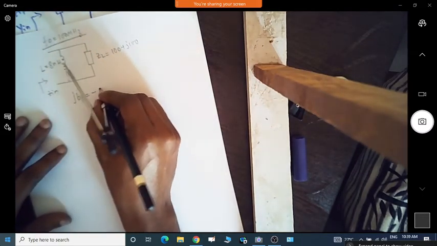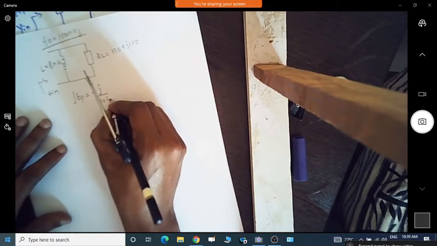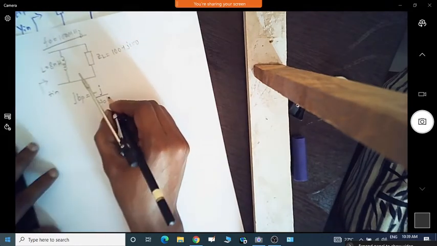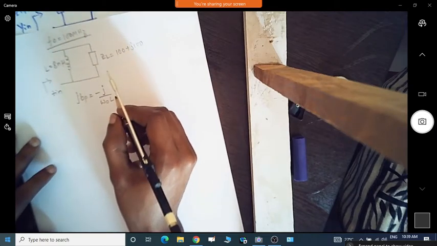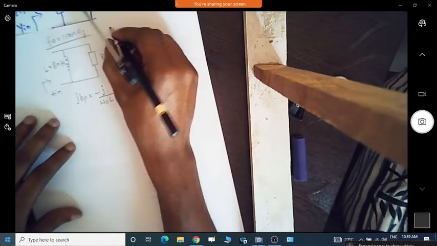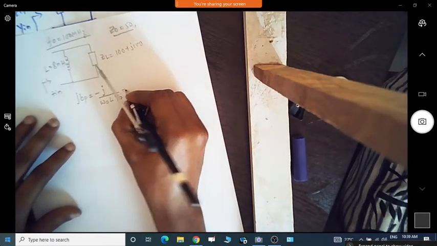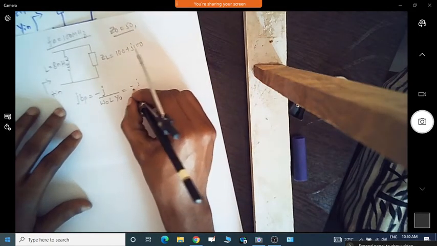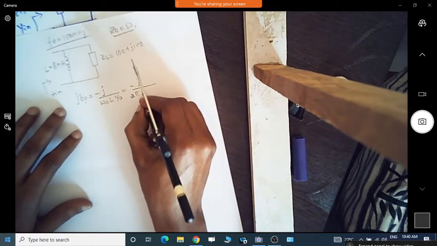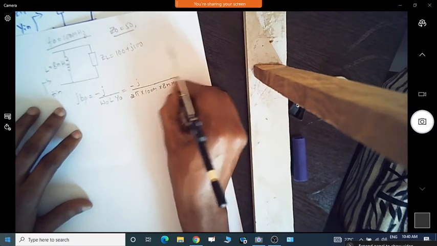Which is nothing but minus J by omega, not L, so 2 pi F naught L, into Y naught. We can do it here itself, or later. Z naught, you assume it as 50. So if we find this out, the value is minus J by 2 pi into 100 megahertz into 8 nanohenry into the value Y naught, which is 0.02.